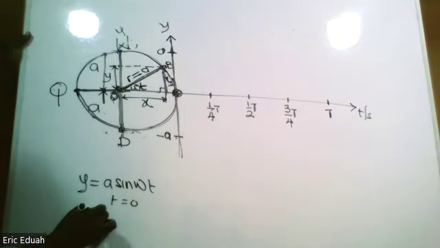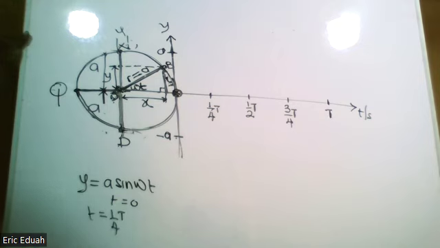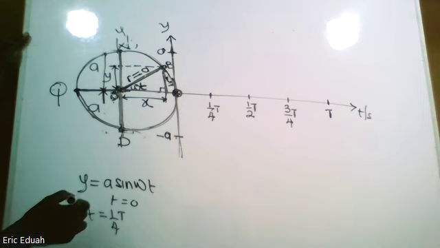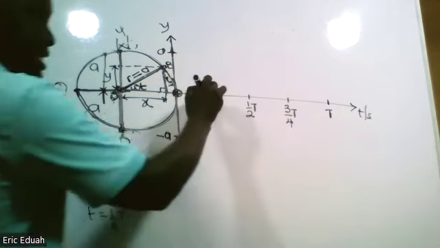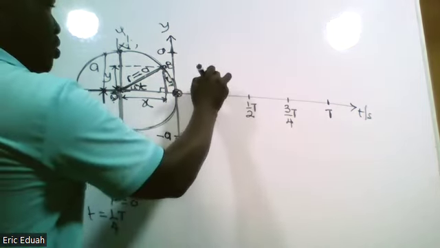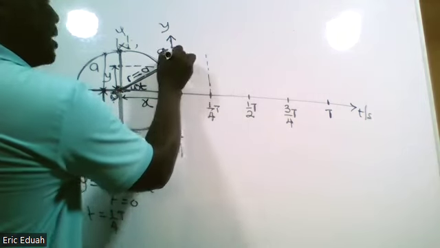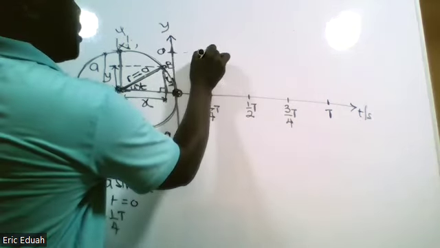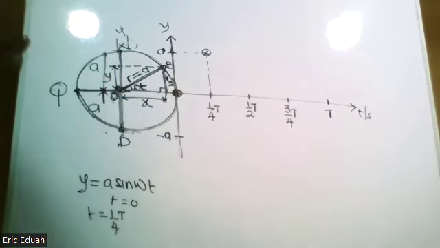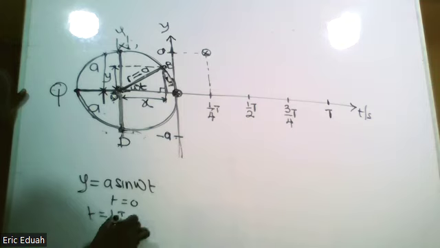When t is equal to 1/4 of the period, we get the displacement of the body equal to the amplitude. So y is equal to A.